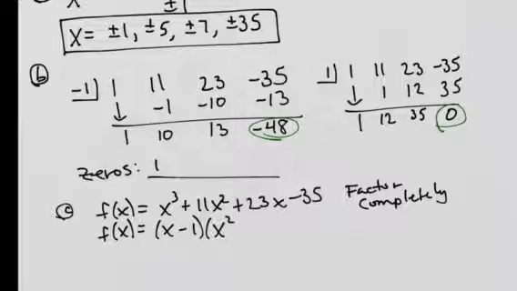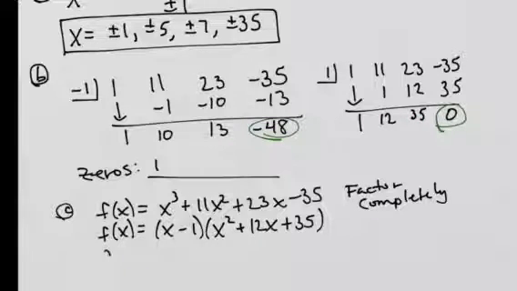So 1x squared, because we go down 1 power from the highest power in the function we did synthetic division with, plus 12x plus 35. Again, these coefficients here are coming from these numbers here.